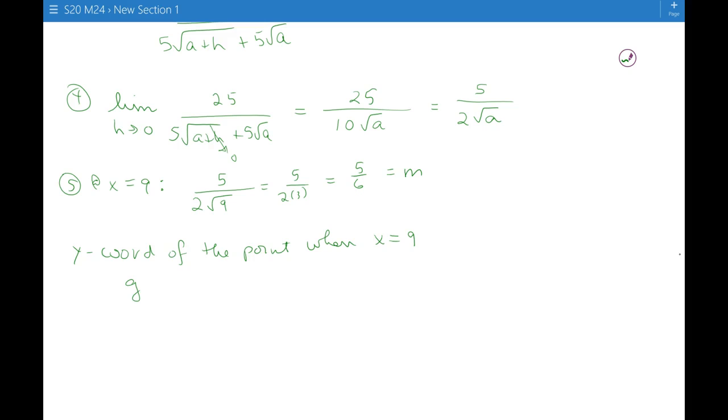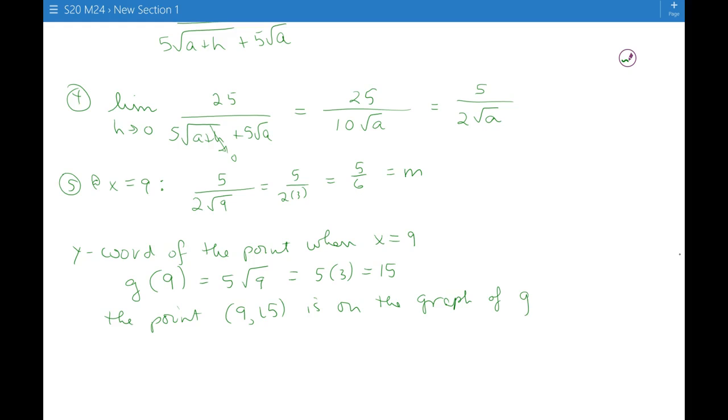So that's going to be g of 9. So it's 5 times the square root of 9, or 5 times 3, which is 15. So the point (9, 15) is on the graph of g and the tangent line. It's the point where they touch.